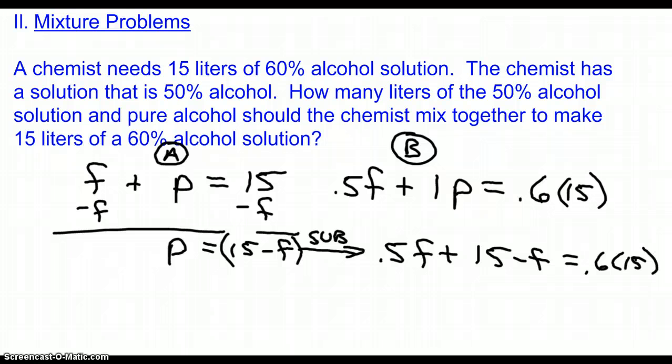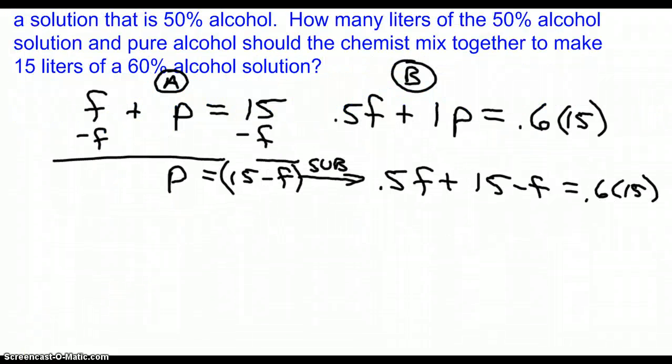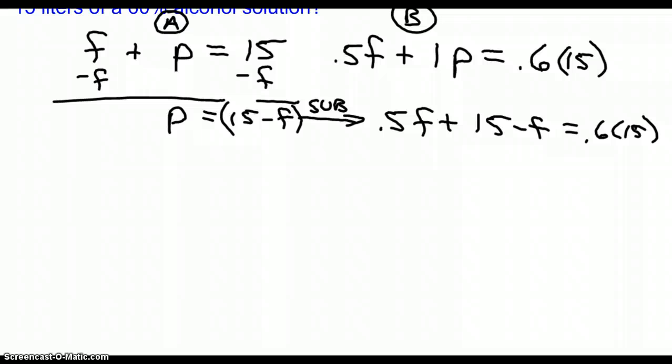All right, and so now we have an equation with just the variable F, so we know we can solve for F. So let's do it. If I have 0.5 F and negative F, that's a negative 1F, I ultimately have negative 0.5 F plus 15 equals, what is 0.6 times 5?